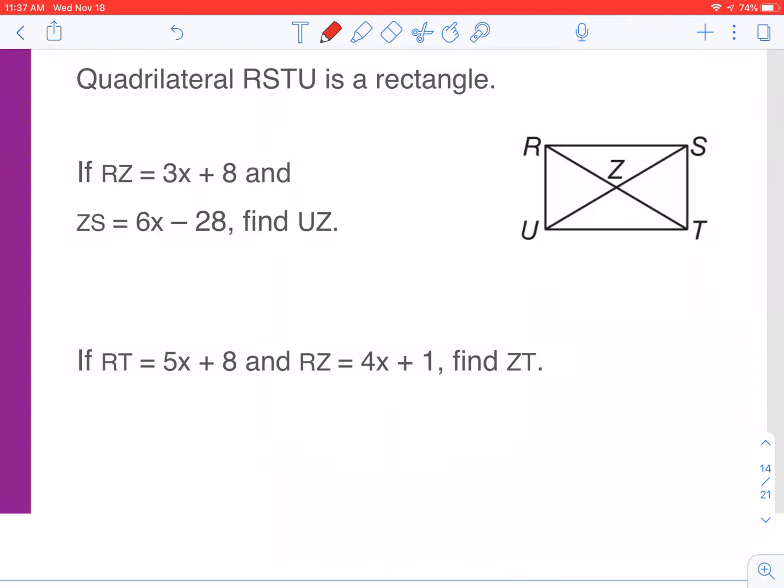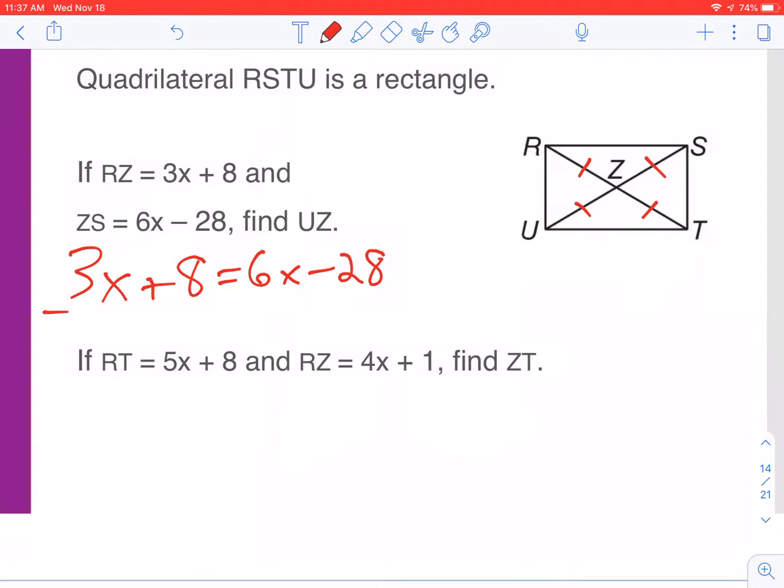Okay, let's mark our diagonals again. We're dealing with diagonals. So these are all the same. So RZ is 3x plus 8. It's going to equal ZS. They are all the same. 6x minus 28.